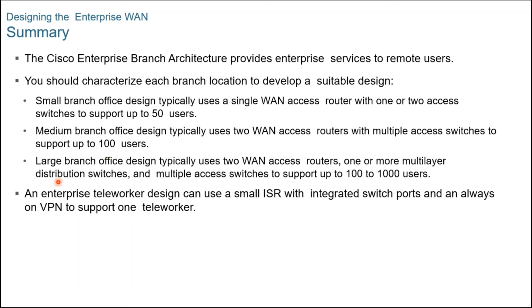Large branch office design typically uses 2 WAN access routers, 1 or more multi-layer distribution switches, and multiple access switches to support up to 100 to 1,000 users. An enterprise teleworker design can use a small ISR with integrated switch ports and an always-on VPN to support one teleworker.